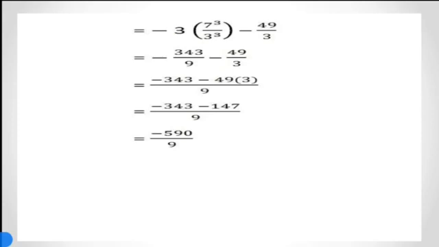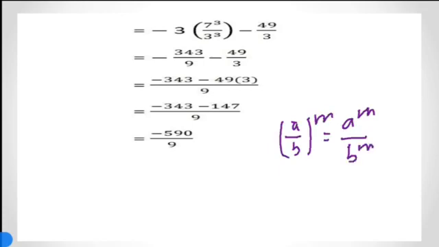We know the law of exponents, that a by b whole to the power of m can be written as a to the power of m divided by b to the power of m, where b is not equal to 0.